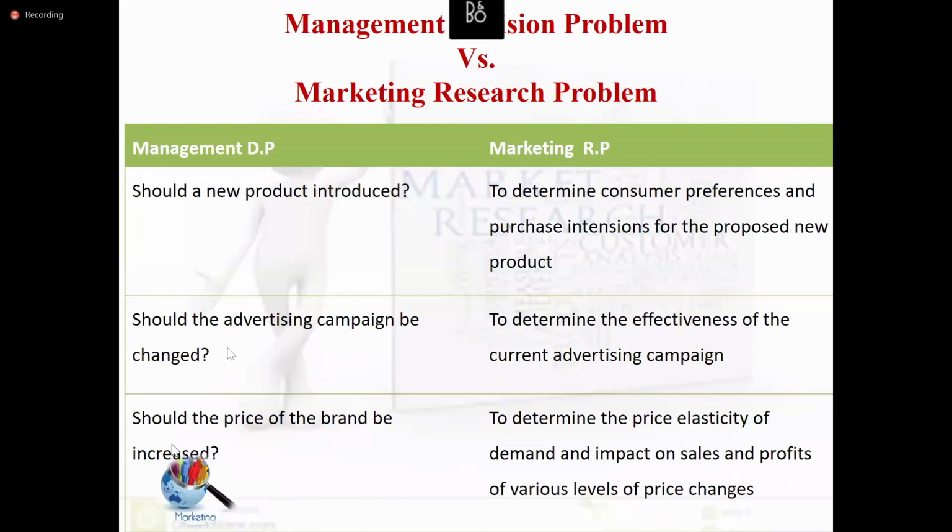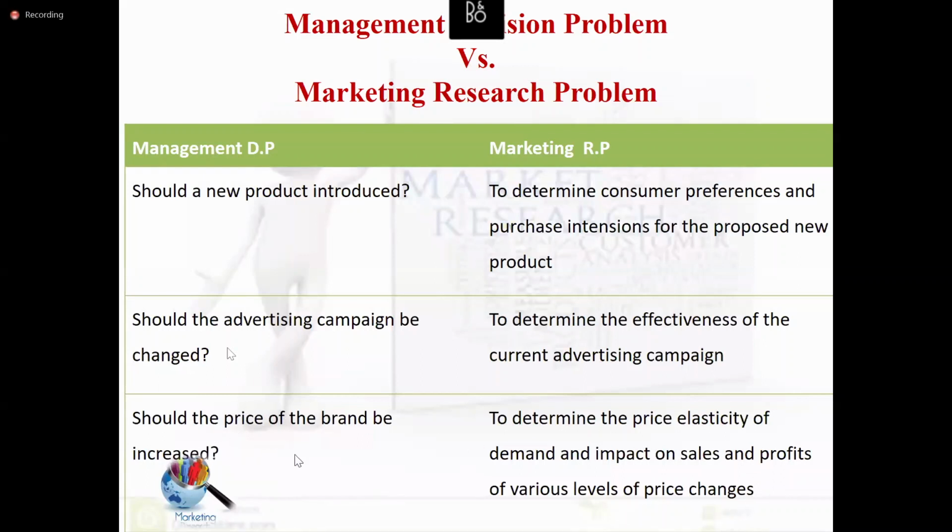And the third example here: should the price of the brand be increased? That is the management decision problem. In case it is a marketing research problem, then it would be to determine the price elasticity of demand and the impact on sales and profits of various levels of price changes, right?